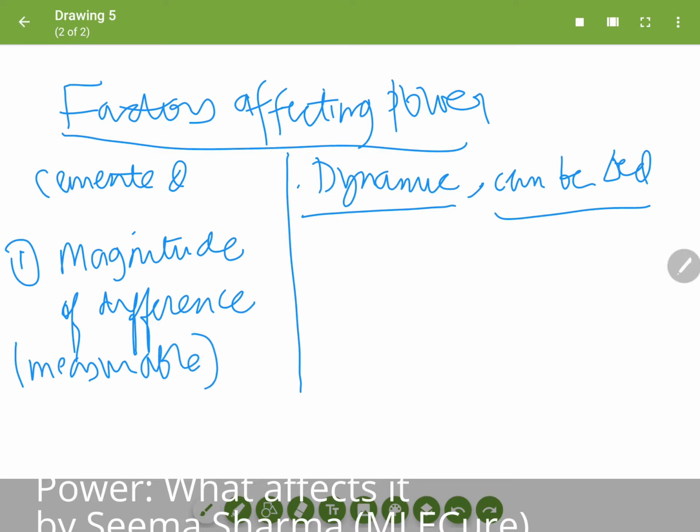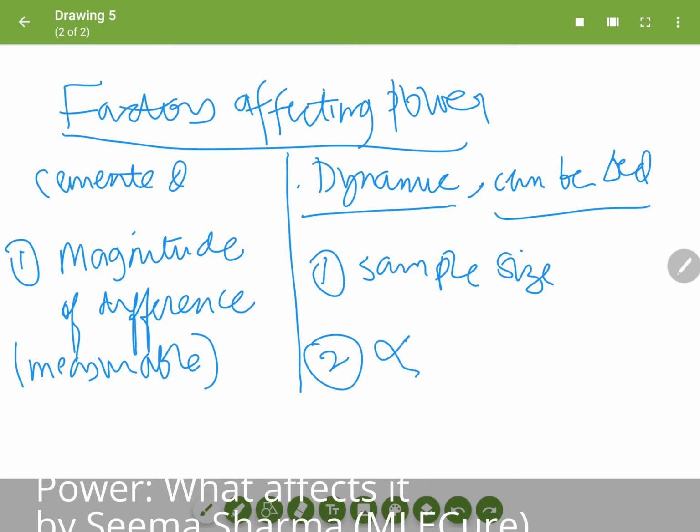And the dynamic ones are sample size and alpha.